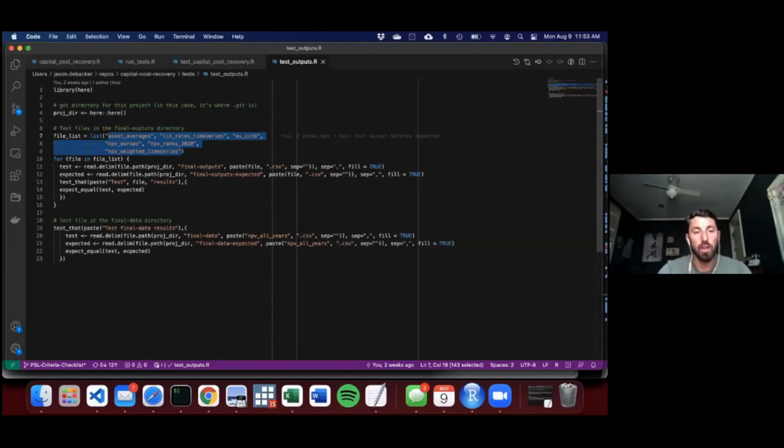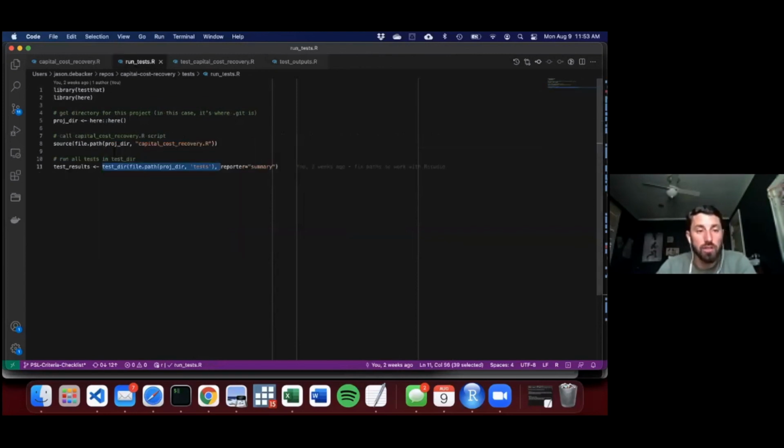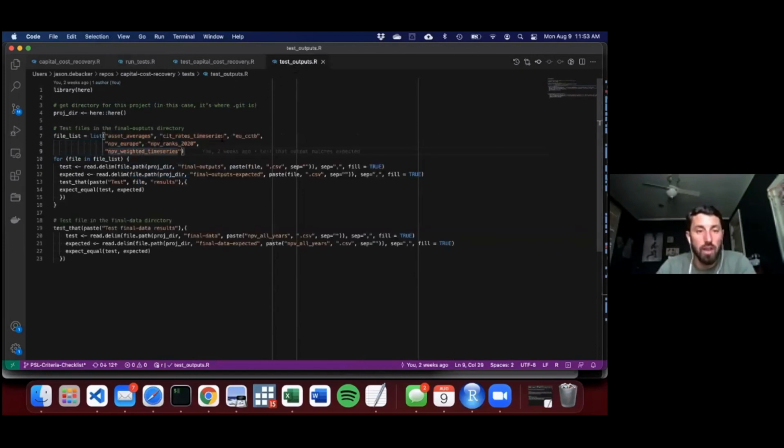So this is not quite a unit test, but more like a regression test, but you can see it's set up in the same way, and it's called using the test that package, just like the other tests are, because everything in this test directory is run, and this test output module is in that test directory.